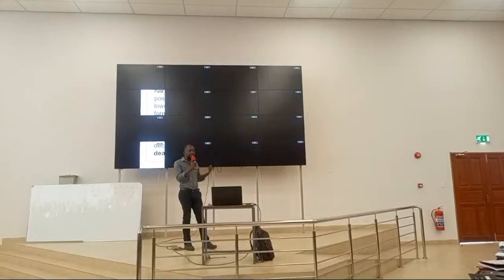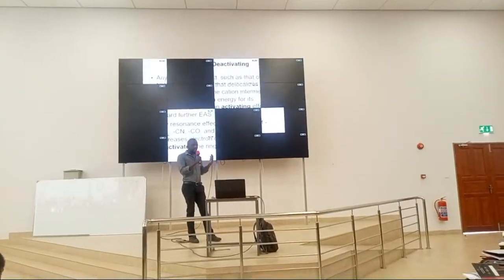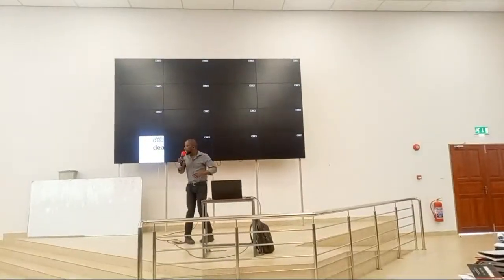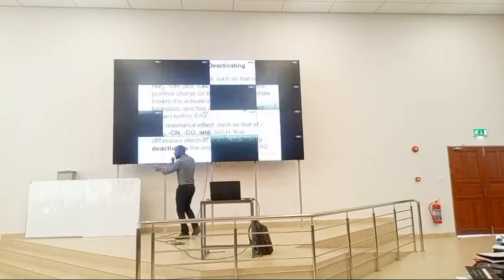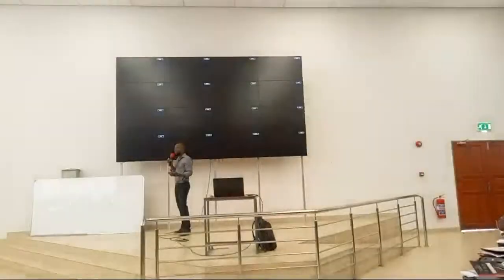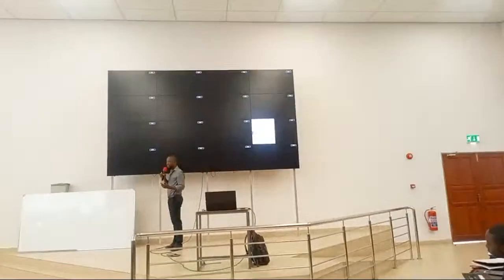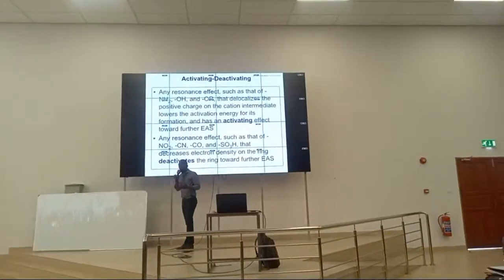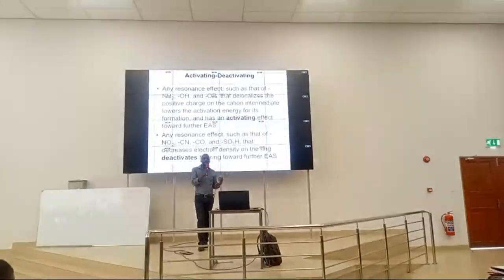Okay, now that is going to help us in explaining why, when you see on this slide, activating and deactivating effects, any resonance effect which I've shown there for the methoxy, that also applies when you have a hydroxy group attached to a benzene. It also applies when you have an NH2.